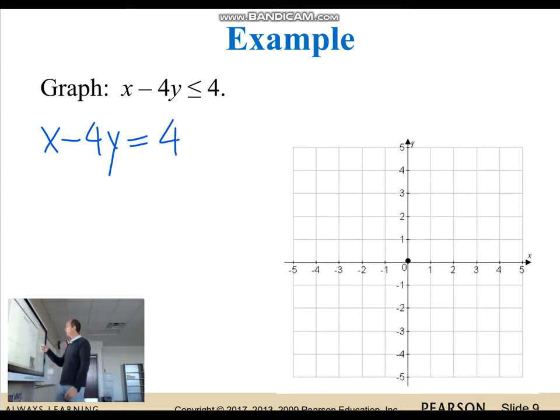Make x equals 0, you're going to find y equals -1, so x equals 0, y equals -1. Make y equals 0, you will find x equals 4. So y equals 0, x equals 4. The line will go through these 2 points.